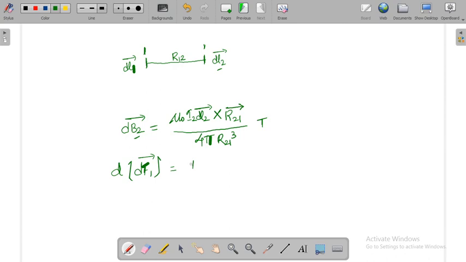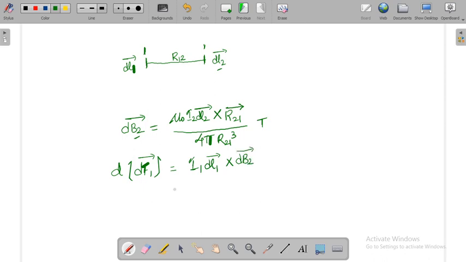It takes some time to understand. If you divide this into two current carrying elements and understand why we got this, then it will be easier. So d of dF1 bar can be written as I1 dl1 bar cross dB2 bar.